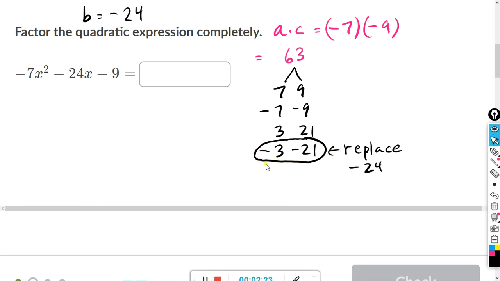Okay, so with the -3 and the -21, we are going to replace the -24. All right, so we still have -7x squared. And instead of -24x, I'm going to write -3x and -21x. Okay, and we still have -9.